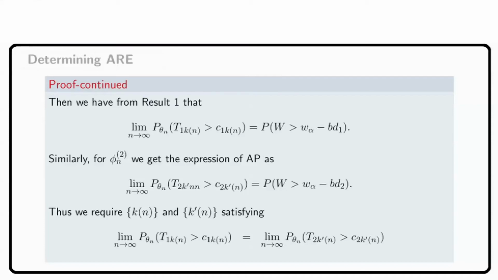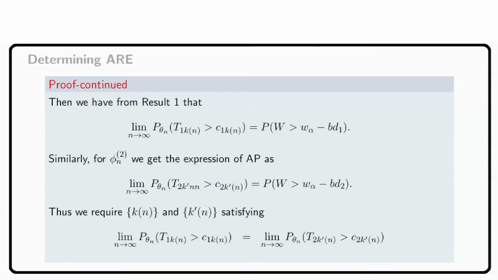Similarly, for phi n2 we get the expression of asymptotic power as the probability that W greater than W alpha minus BD2. Thus, we require kn and k prime n to satisfy that the limits of the two are equal.